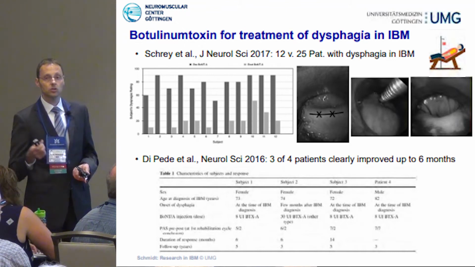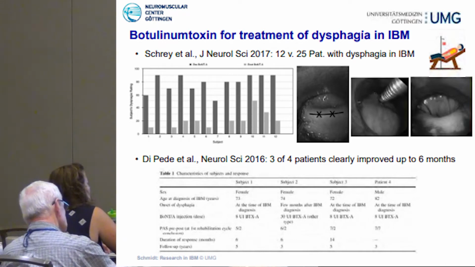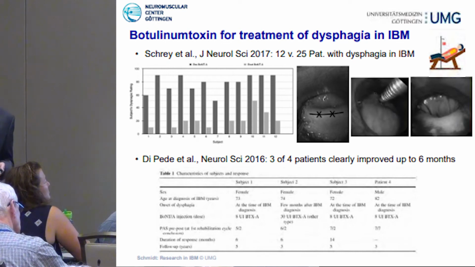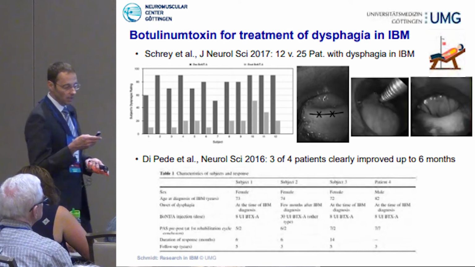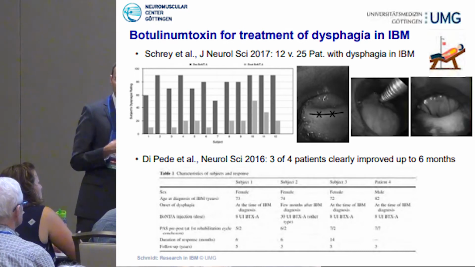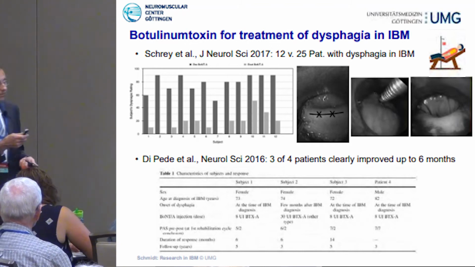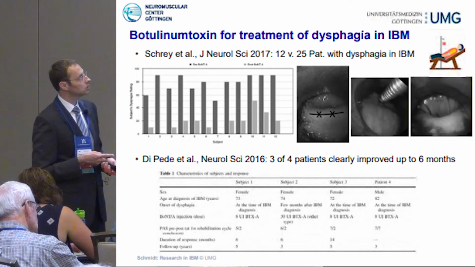Of course, you need a tube in your mouth, a syringe, and anesthesia. So this is quite a procedure, and you may need it repeated after 3 to 6 months, but it can clearly increase the swallowing function.